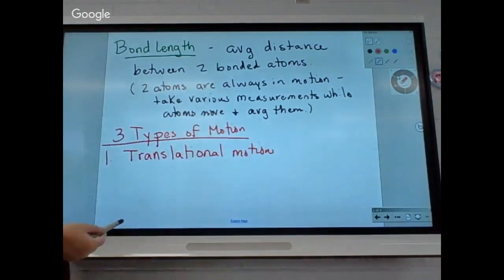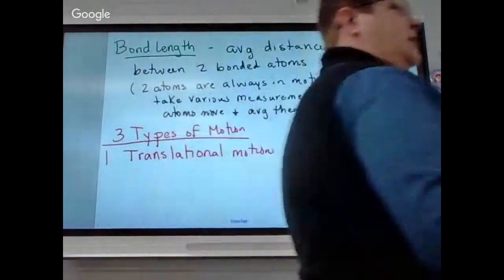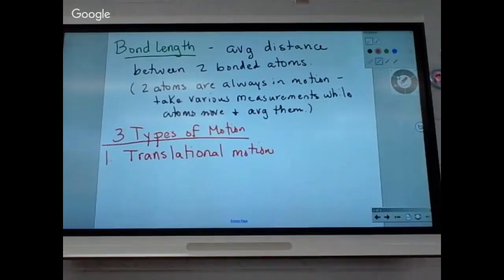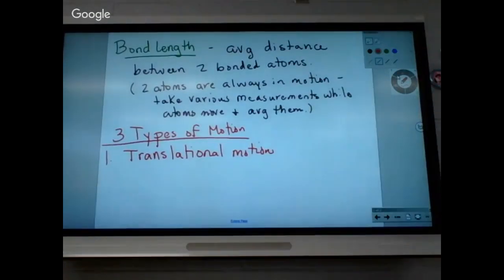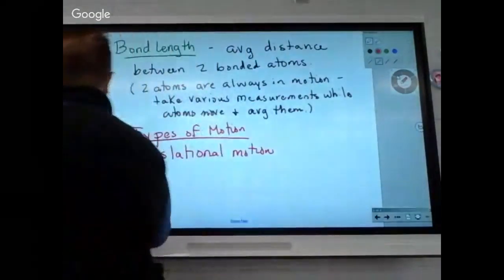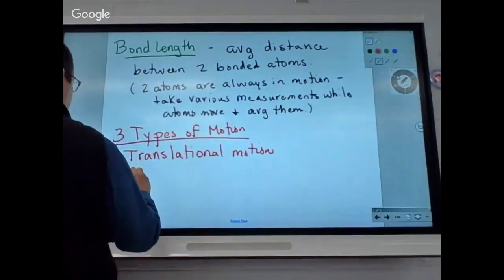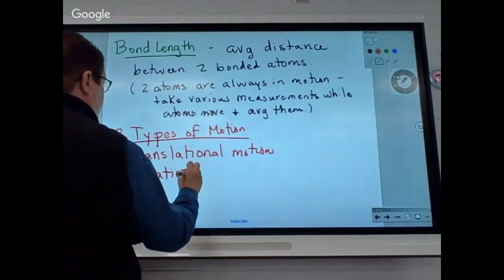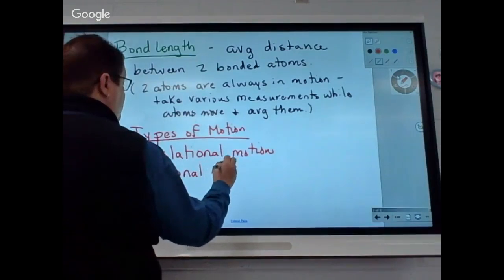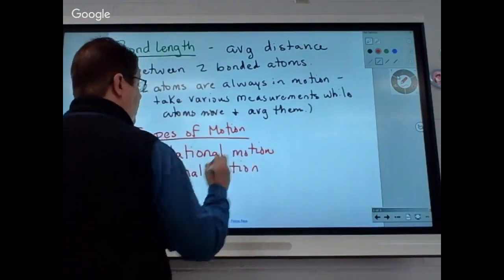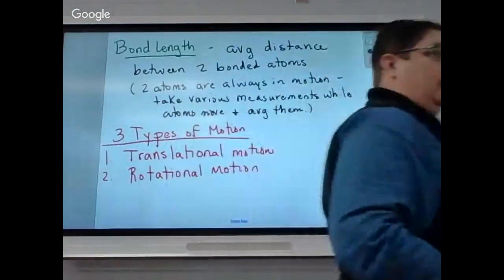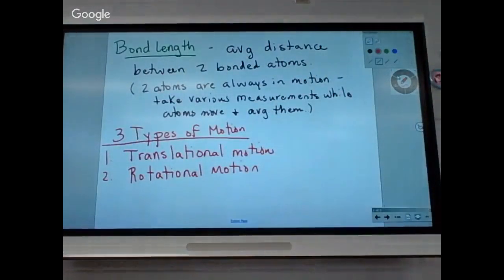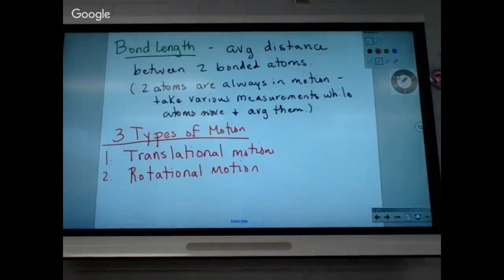I move from point A to point B. When I walk from here to here, I translate. That's what most of us do. Some of you are more skilled than the rest of us, and you have the ability to rotate. Maybe you took gymnastics, and you have the ability to flip. Some of you might be able to run and flip end over end. It's never a skill of mine. I was always afraid I was going to land on my head.